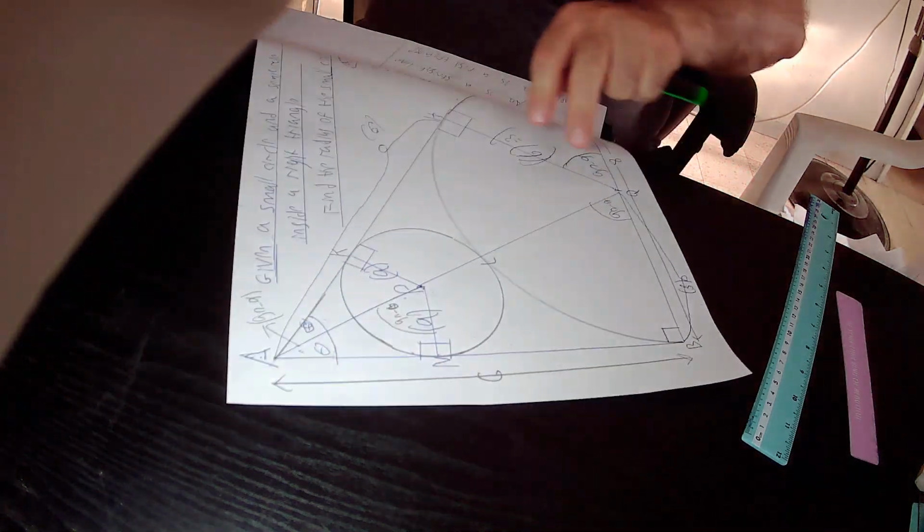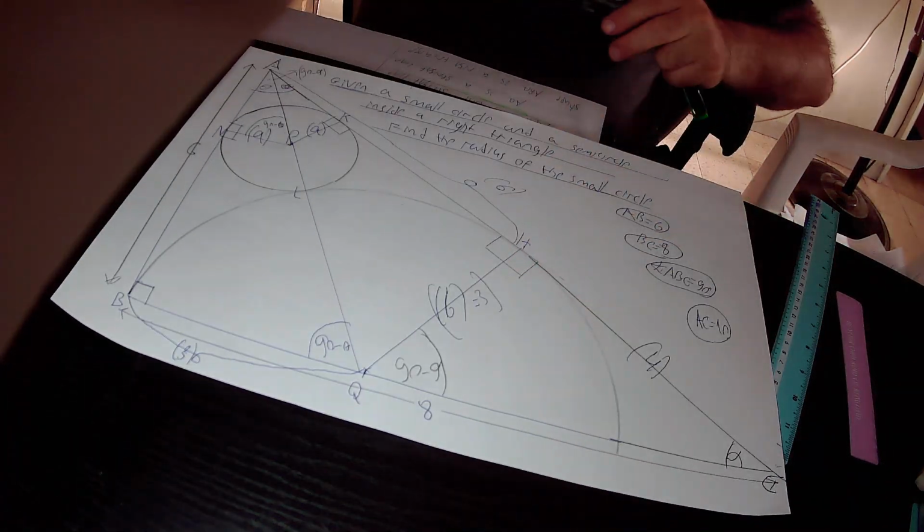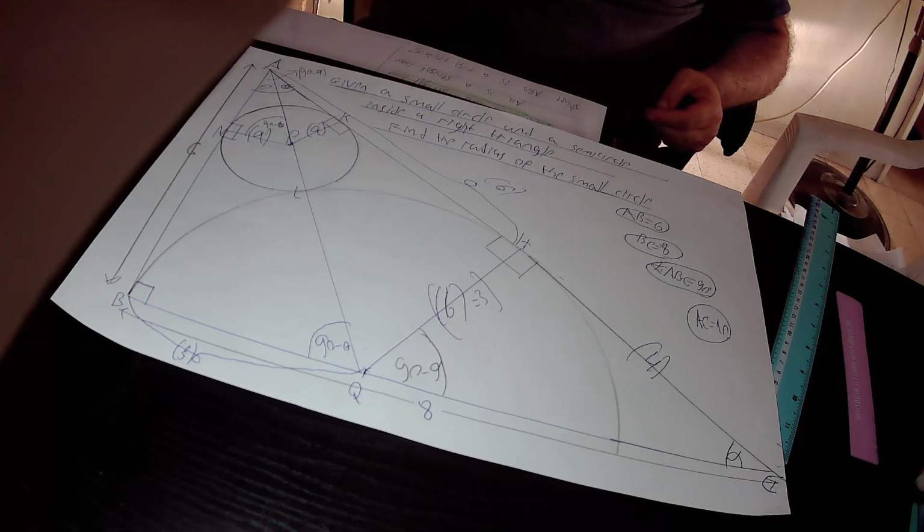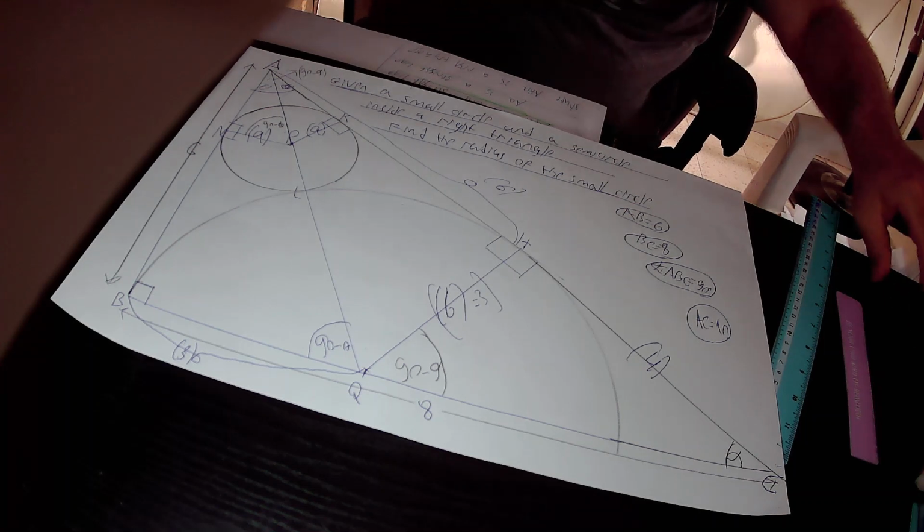In the next step, we will prove that the big right triangle ABQ is similar to this small right triangle ANP. So I write it down.